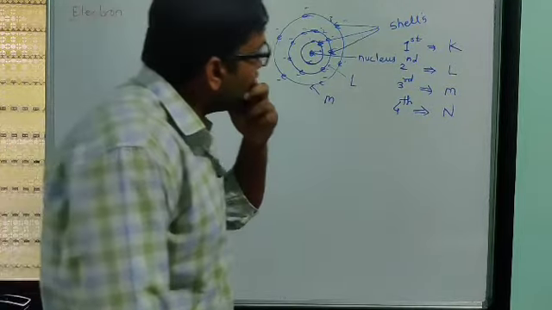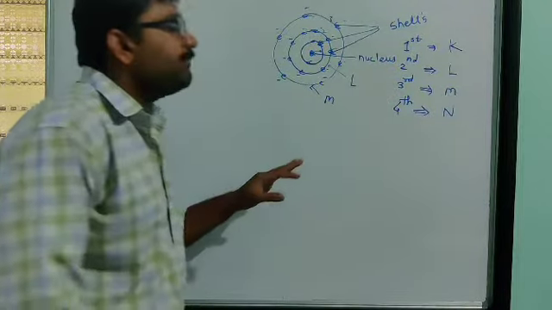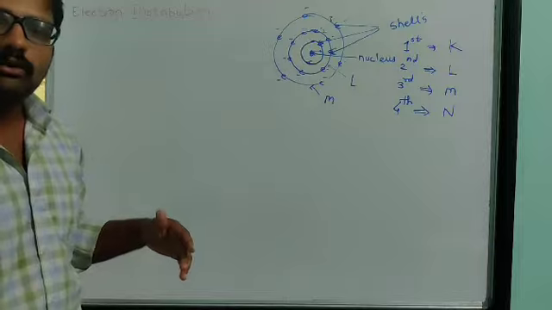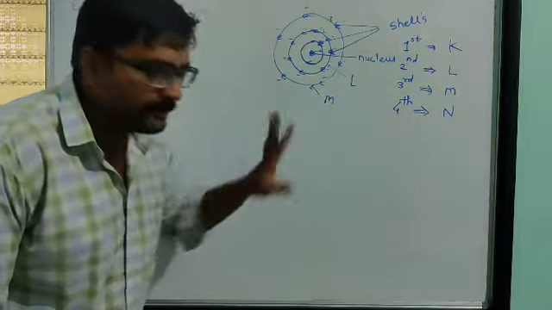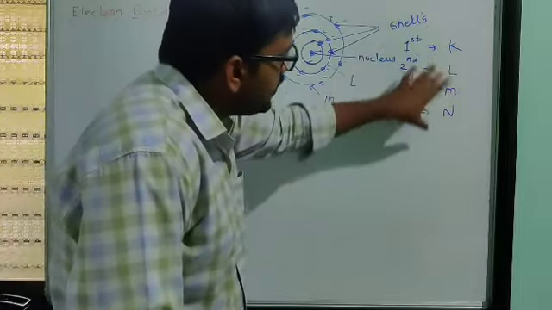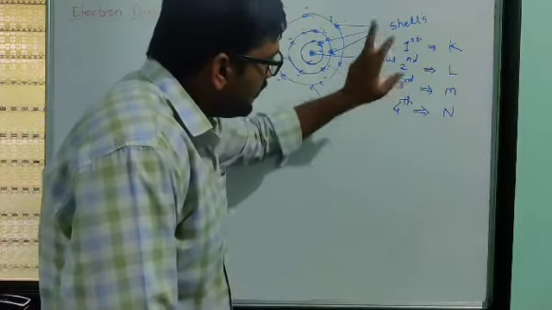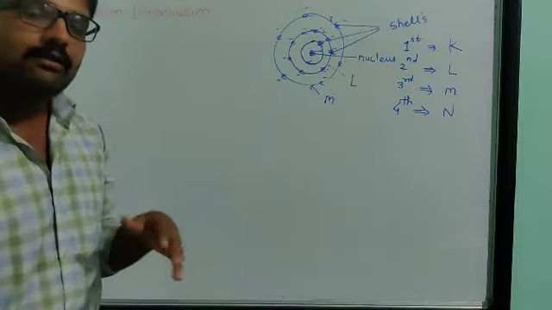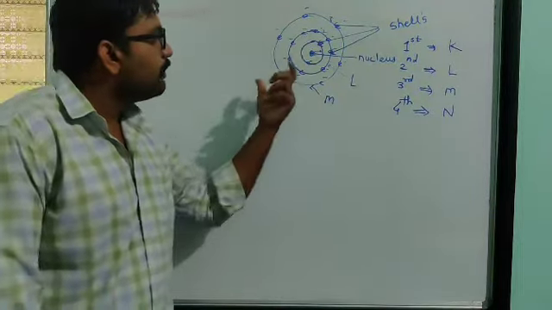That shell we name K shell, second L, third M, fourth N. In this way we have to give names to these shells. So that is one part: the name we have to give to the shell. K, L, M, N, such letters are generally the names of the shells.